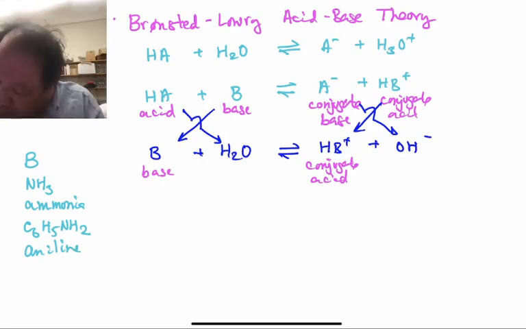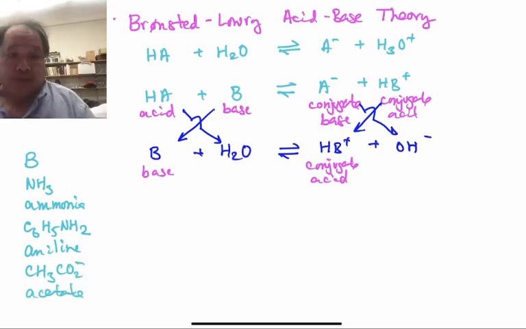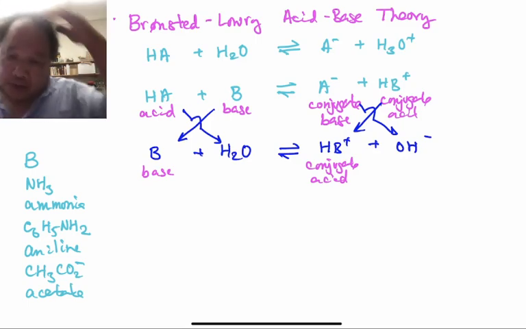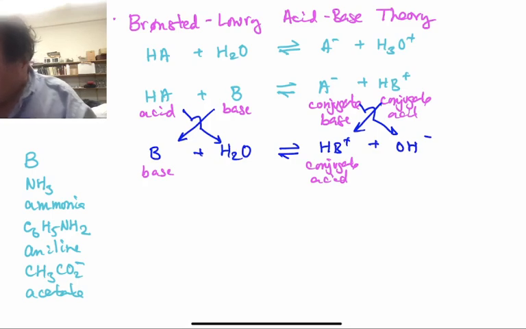And there are also ions, CH3CO2 minus. That's the acetate ion. These are all common bases, and they can all interact with water. And they make the conjugate acids HB plus.